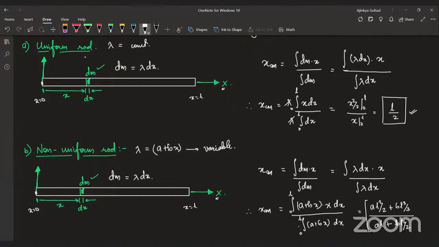So this is what you will get, the integration part.